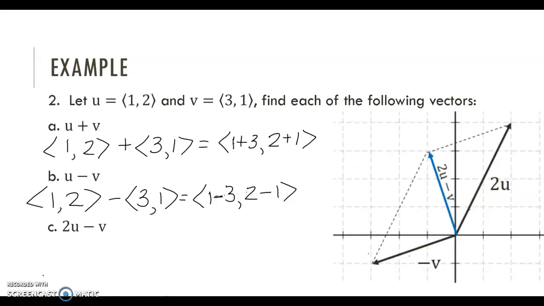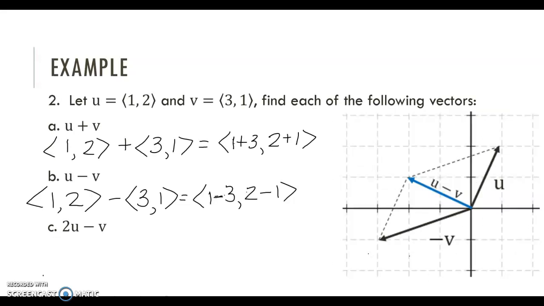And the last one, 2u minus v. So this 2 is acting as a scalar, so it's 2 times 1, 2 minus v. So I'm going to go ahead and multiply that first before I do the subtraction. So you're still following order of operations.